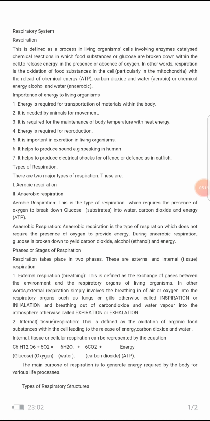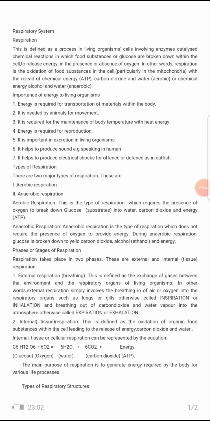It can be represented by the equation C6H12O6, which is glucose, plus 6 molecules of oxygen, which will yield water, carbon dioxide, and energy, which is ATP, adenosine triphosphate.